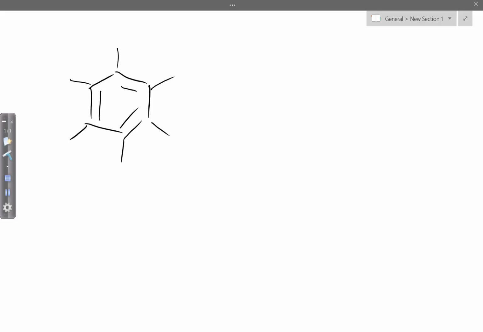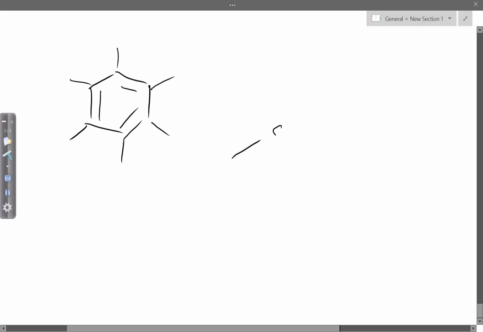See? Here what? Isn't that sp3? You sure? Remember you have something connected to sulfur, and sulfur is connected to 5 other things. Alright?